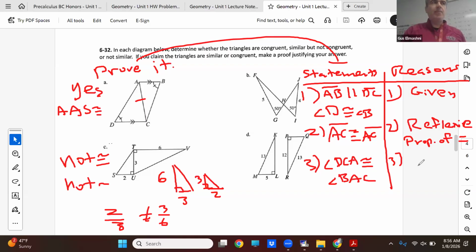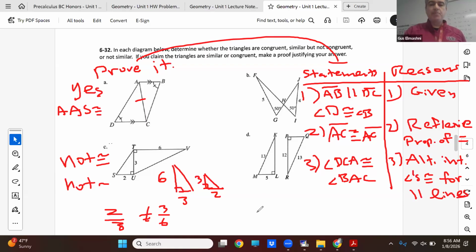And when you say that, you want to give the reason as detailed as you can. Alternate interior angles congruent. But if you just say that, you're not going to get the full point, because alternate interior angles could exist for any pair of lines, but they have to be specific for what kind of lines? Parallel lines, yeah.